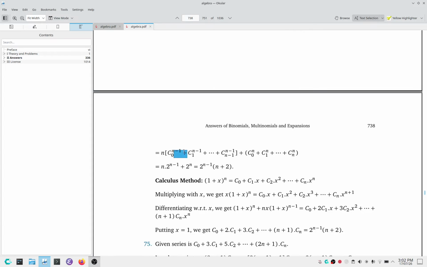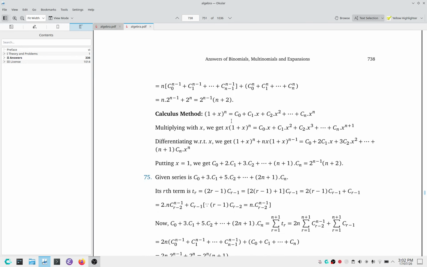So this we have already proven to be n times 2^(n−1), plus this would be 2^n, because in (1 + x)^n we put x is equal to 1. So the entire sum is 2^(n−1) times (n + 2).